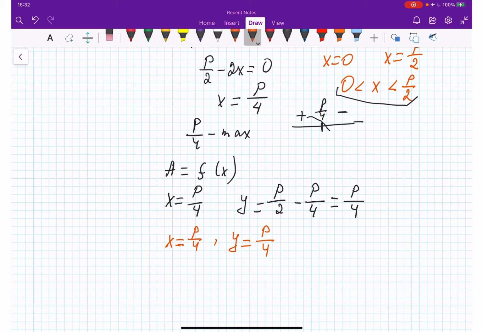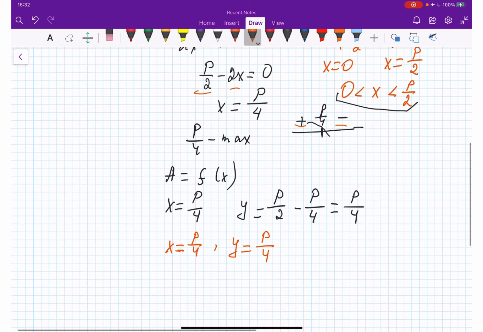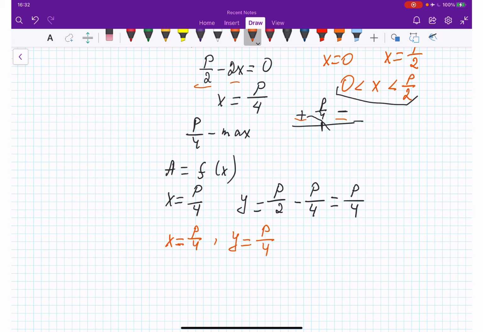And since we just proved that it's a maximum value based on the first derivative, you have to go through the test, plug in the test and see if you get positive or negative, right? And this is how you're going to get your maximum for the rectangle.